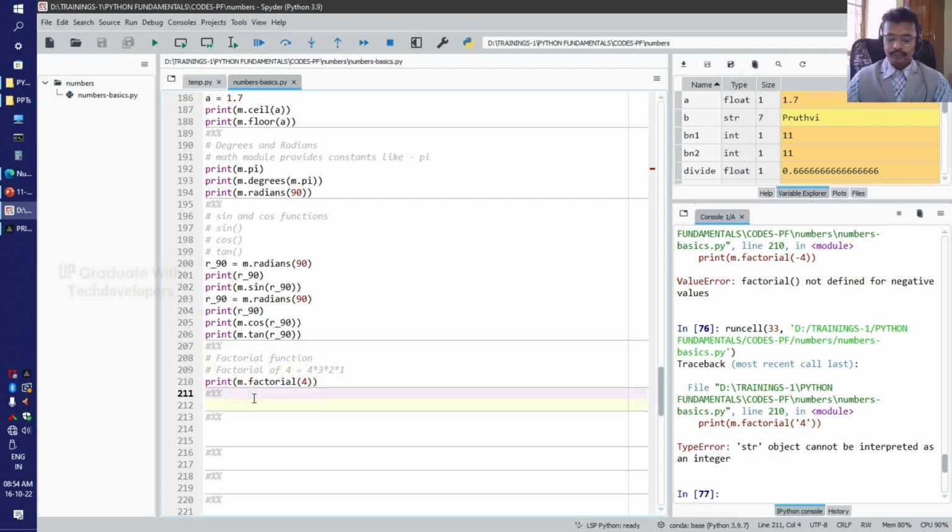Next we have the absolute value function and then the truncation function.